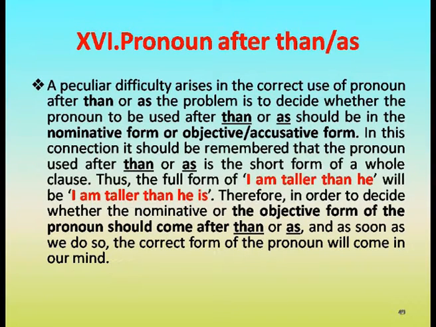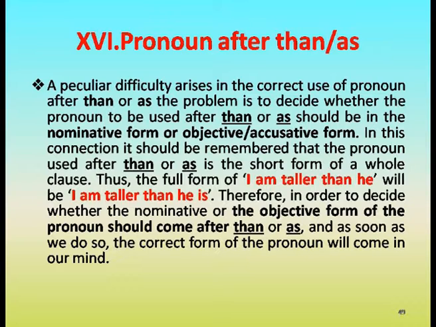Pronoun after than, as. A peculiar difficulty arises in the correct use of pronoun after than or as. The problem is to decide whether the pronoun to be used after than or as should be in the nominative form or objective accusative form. In this connection, it should be remembered that the pronoun used after than or as is the short form of a whole clause.